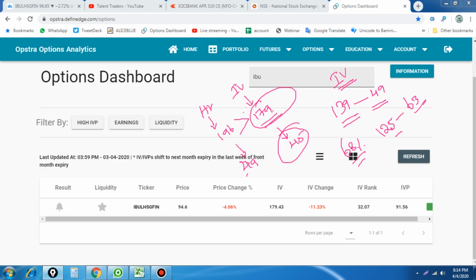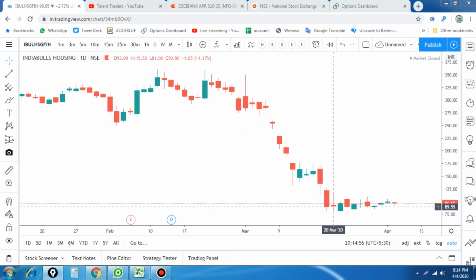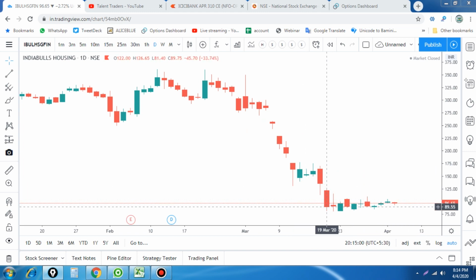But a very important thing we have to remember: the stock is expected to move between 139 and 49 rupees, but right now the stock has been trading in a narrow range for the last few days, after the big movement from 160 to 80 level.